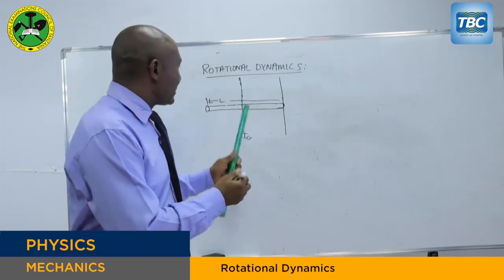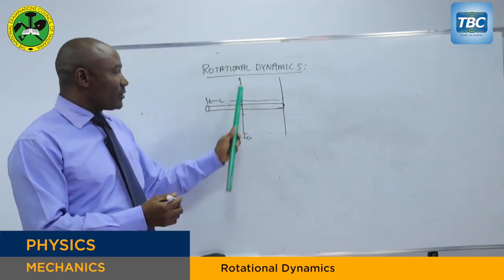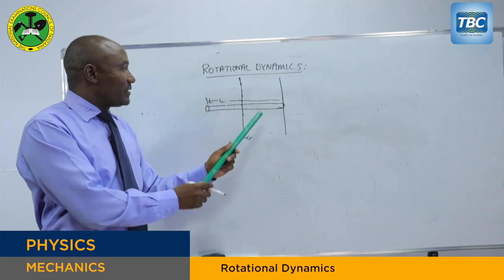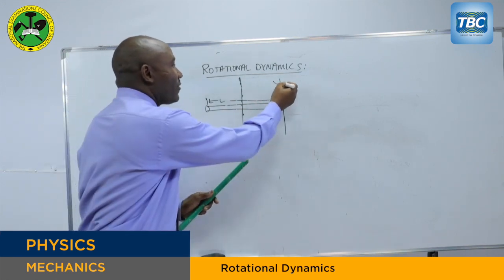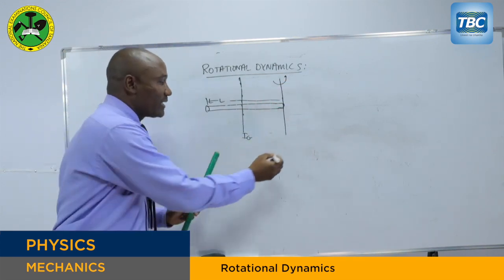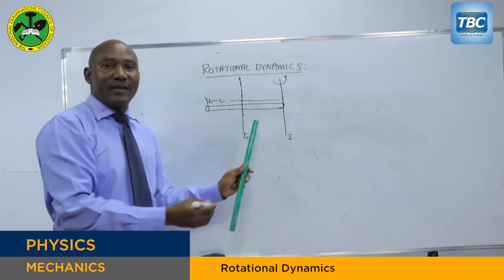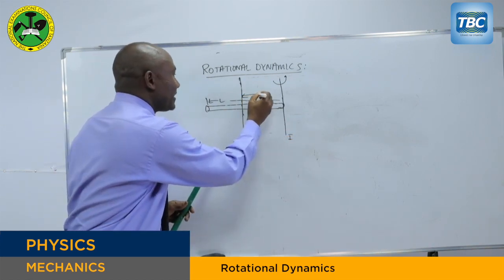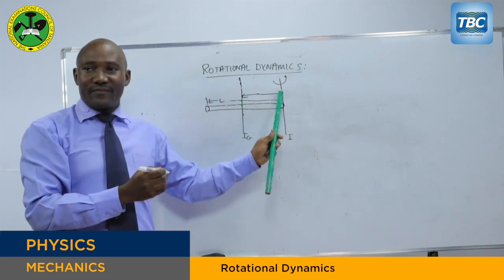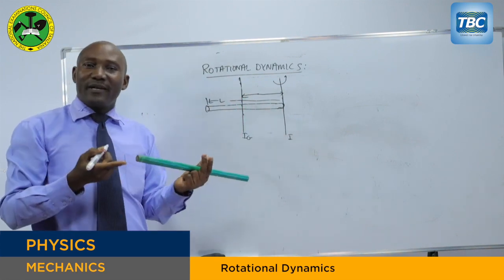This is the center of mass. This is the moment of inertia through the center of mass. This is another axis that I'm looking for, the moment of inertia where that body is rotating. Now, this is the distance between the two axes. That distance should be perpendicular.